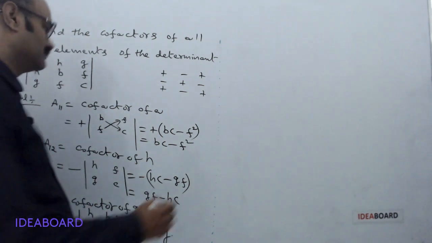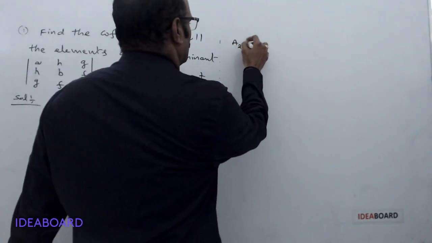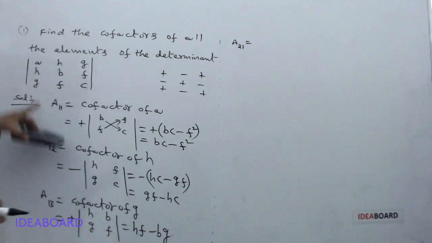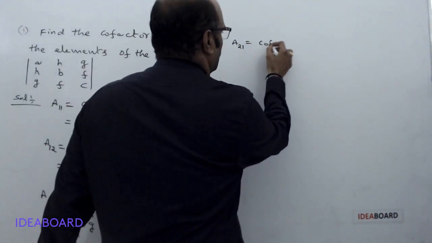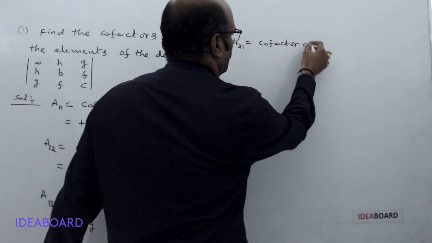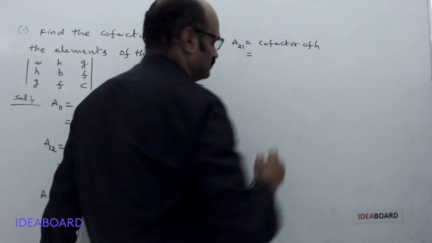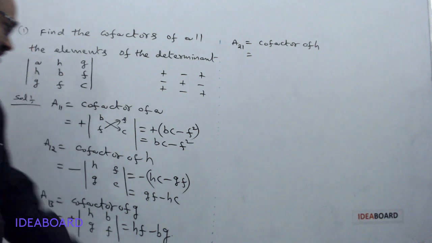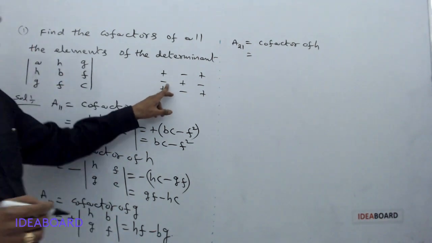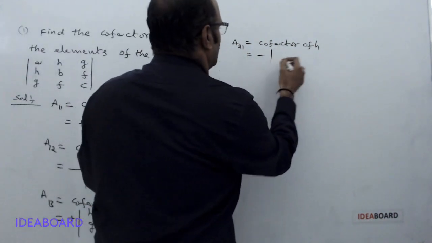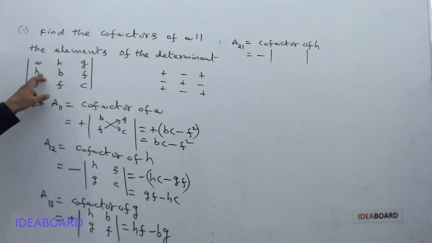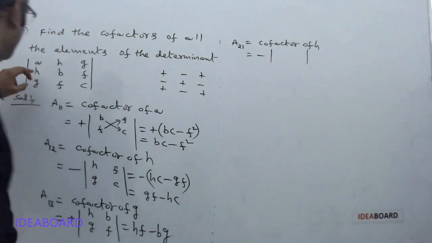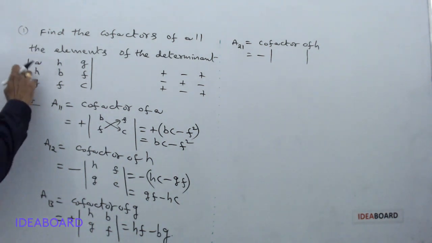Now A21 equal to cofactor of H equal to, first here we have to write the sign. The sign is here we are having minus into, we should write minor of H. Minor of H equal to, the element H lies in first column and second row.